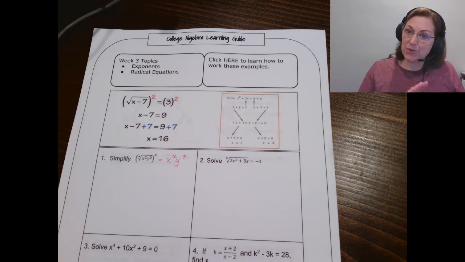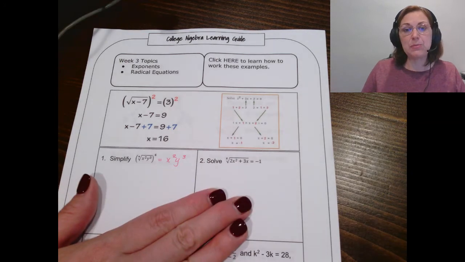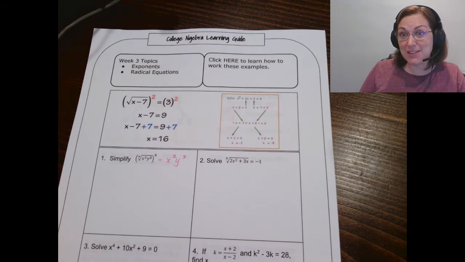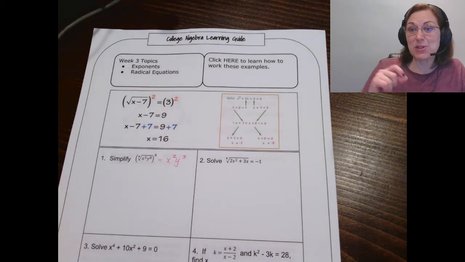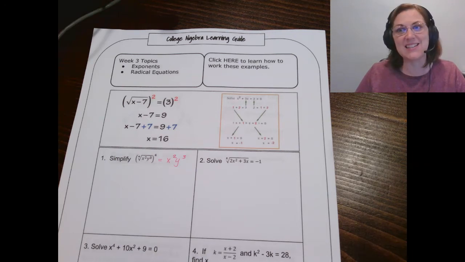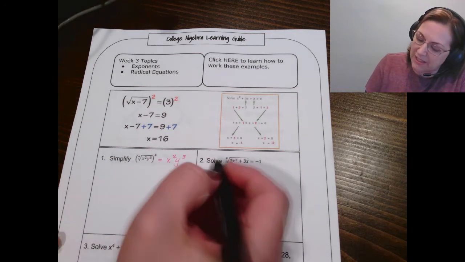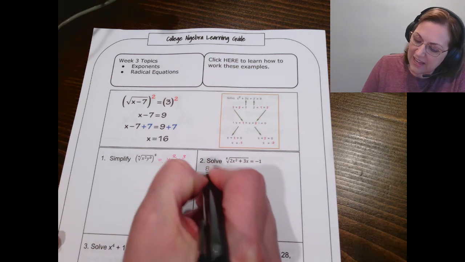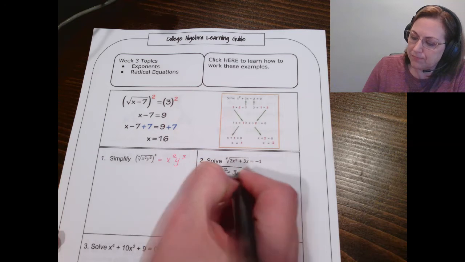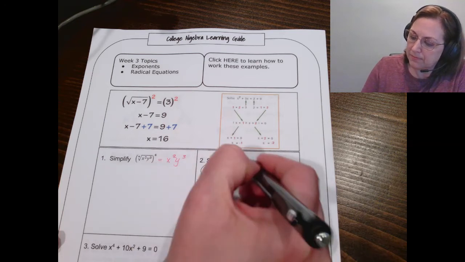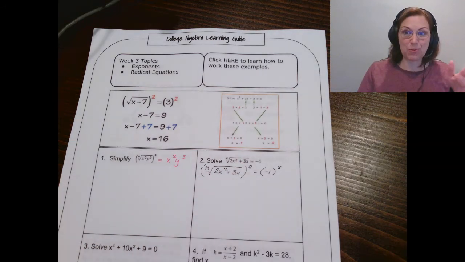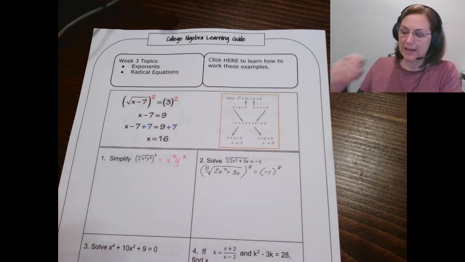Now, we use that same concept when we go to problem number 2 because we're solving. So the eighth root, man, that's hard to deal with. So what we're going to do is we're actually just going to remove it. And the way to remove the eighth root is to take it to the eighth power. So I'm going to take both sides of the equation to the eighth power, like that, because I know the eighth root and the eighth power cancel each other out.